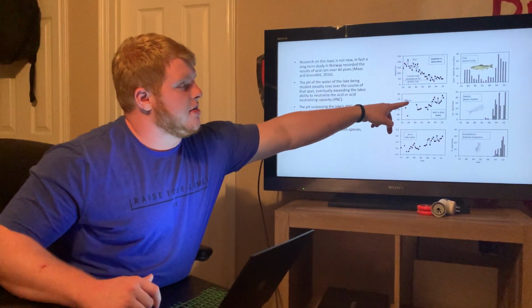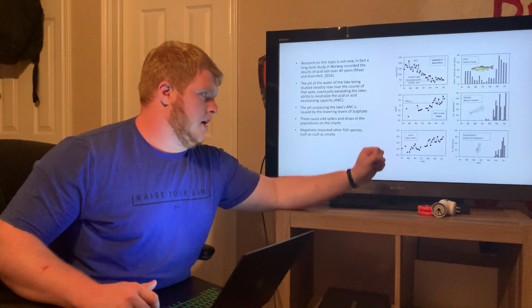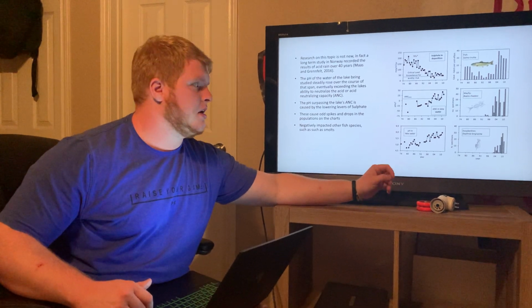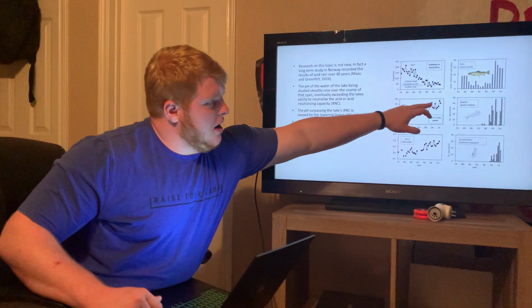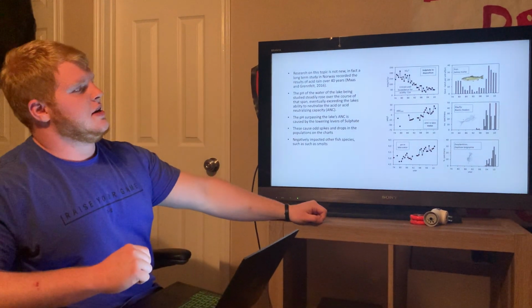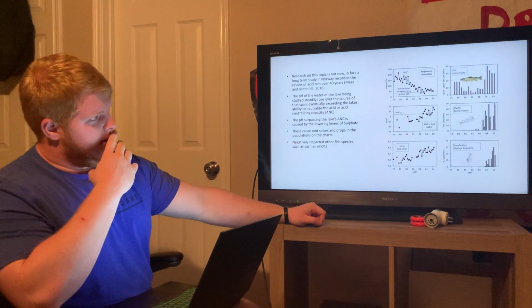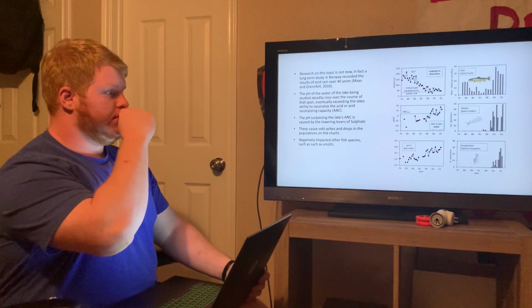There's a line right here that represents the ANC, and the dots being graphed are the acidity levels. And eventually, as time goes on, they far exceed the lake's ability to neutralize the acid.